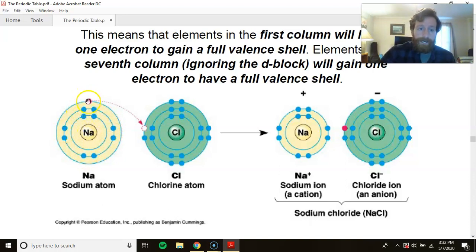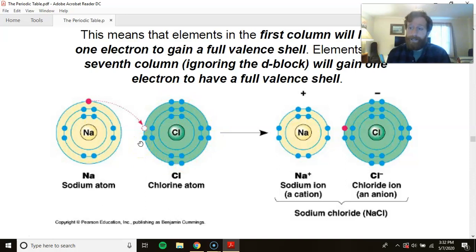So it's only 1 away, and if you can remove that 1 valence electron, then now your valence shell goes down to the 2nd energy level and would naturally be full. Chlorine, on the other hand, has an electron configuration of 1s2, 2s2, 2p6, 3s2, 3p5.